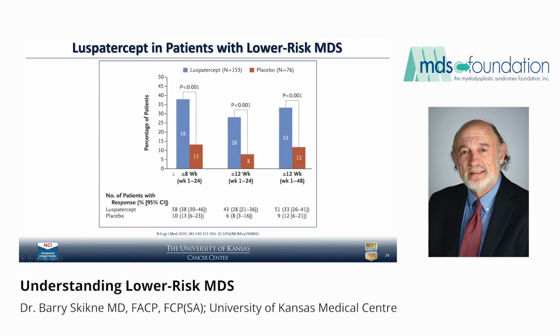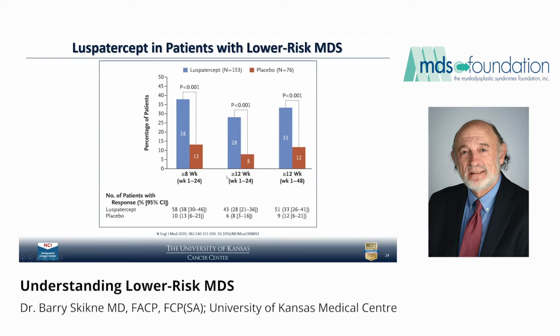In this first left-hand histogram, it shows that 38% of patients who were treated with the drug had a period of at least 8 weeks of being red cell transfusion independent within those first 24 weeks of treatment. So somewhere in the first 24 weeks, or about 6 months, 38% of them became red cell transfusion independent. That lasted for at least 8 weeks.